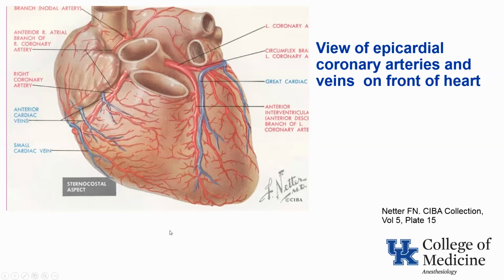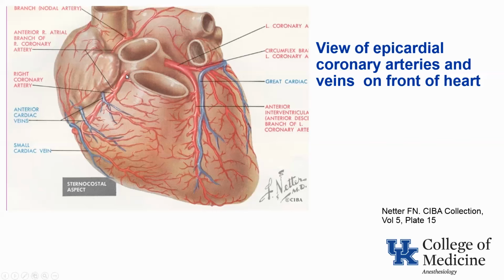On the next few slides, I've shown the epicardial vessels which we have just described. This shows the left main coming off of the aorta, running behind the pulmonary artery to the front, where it divides into the LAD and the diagonal and the circumflex.